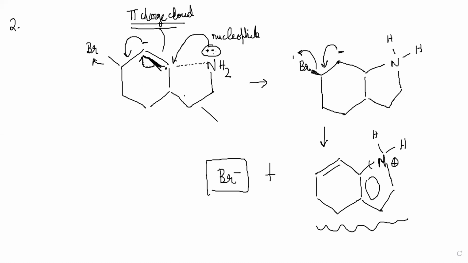Okay, so let's move on to the next one. The next one is saying: put in the curly arrows on these starting materials to show how the product is formed. The compounds are drawn in a convenient arrangement to help you, right?